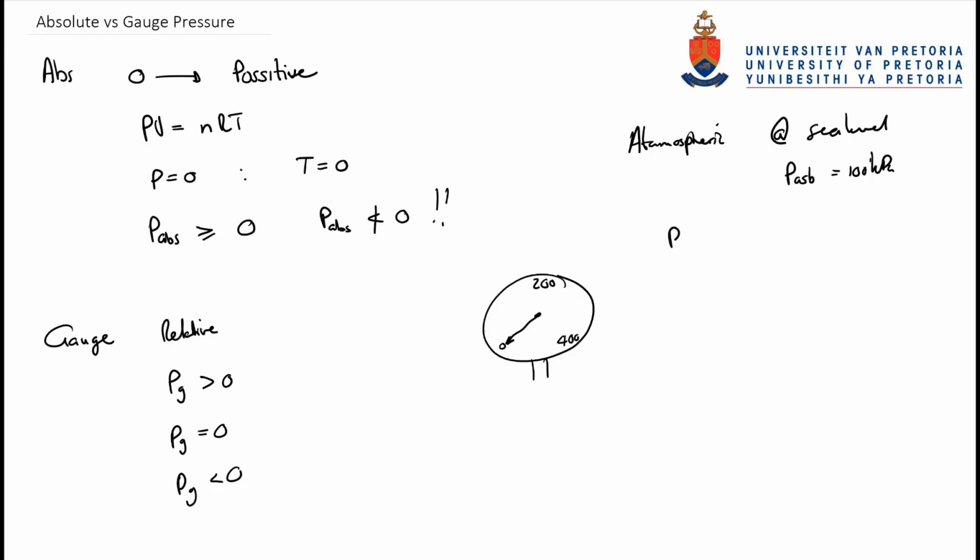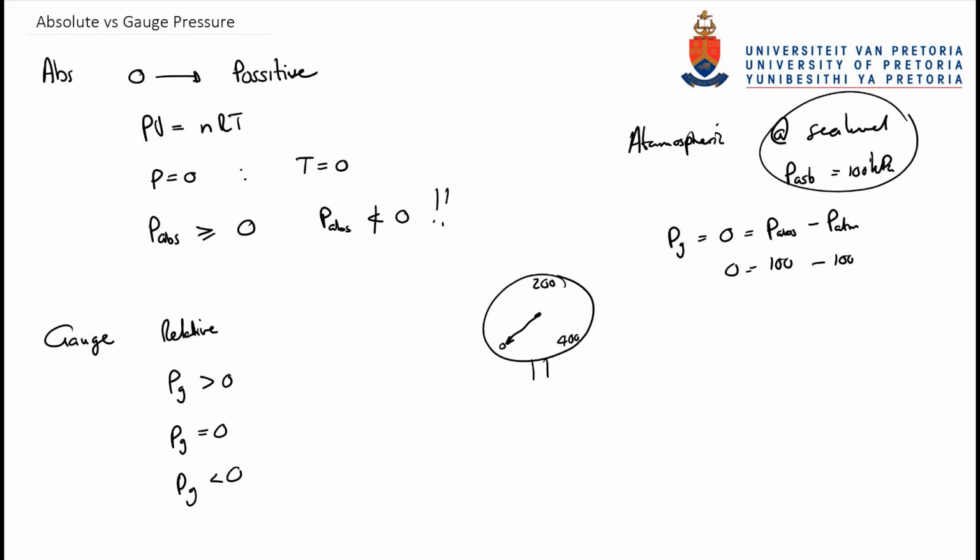This means that for P gauge to be equal to 0, it must be that P absolute minus this atmospheric pressure must give me 0. Now at sea level, I said that the absolute pressure is 100 kPa. If I now make my atmospheric pressure 100 kPa, then my gauge pressure will be 0.